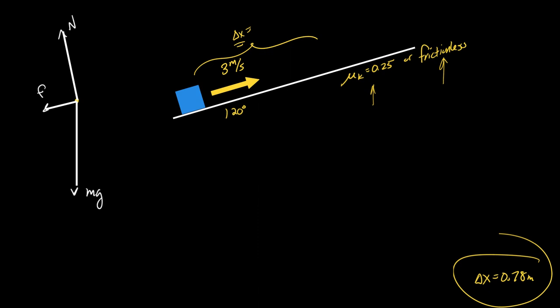I'm going to put a coordinate system in. Let's use red. We always use red. So I've lined up my coordinate system with the ramp. And that means my other one's going to be lined up with the normal force.